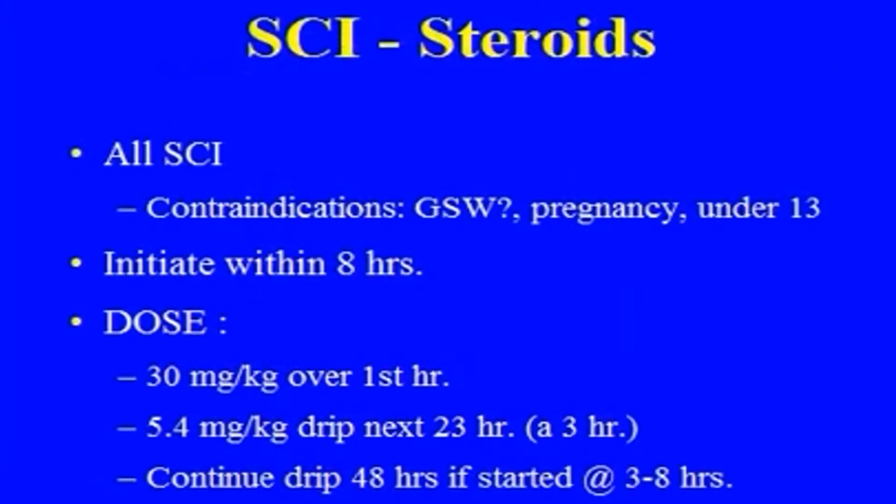Steroids are contraindicated in gunshot wounds, pregnancy, and in children younger than 13. You should try and initiate them before 8 hours and better before 3 hours. We give 30 milligrams per kilogram body weight over the first hour, followed by 5.4 milligrams per kilogram body weight drip for 23 hours.